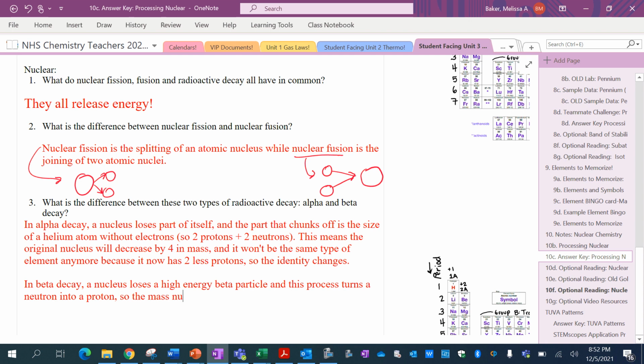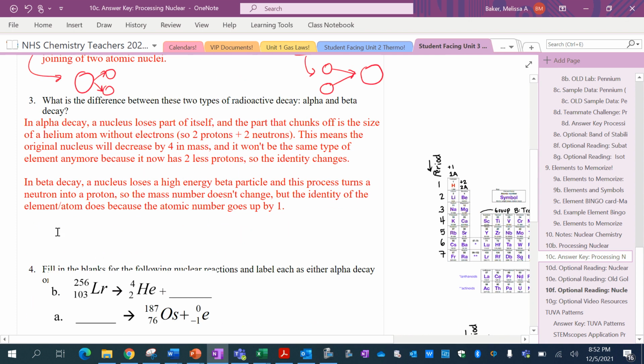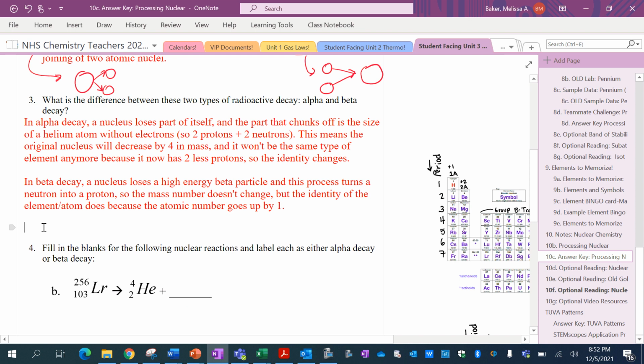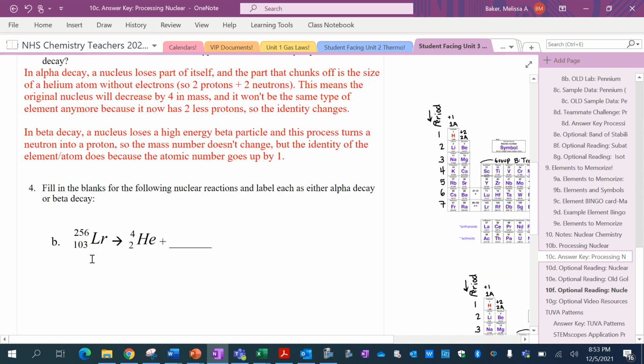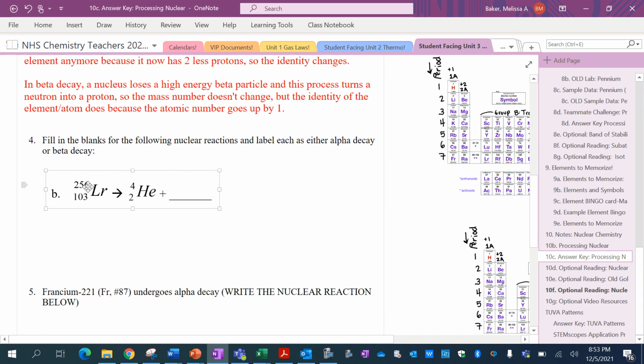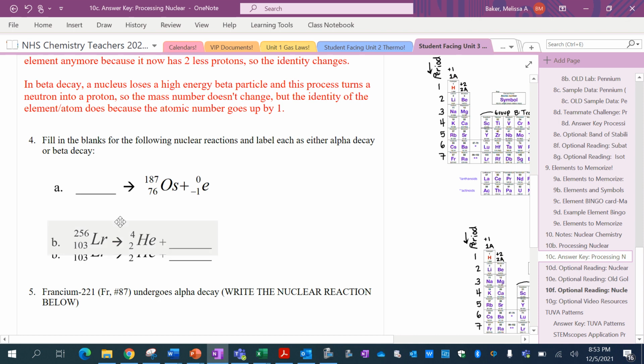So the mass number doesn't change, but the identity of the element does, because the atomic number goes up by 1. So these are both changing the type of atom. We lost something here. There we go.